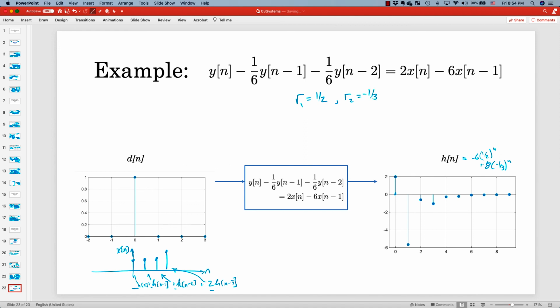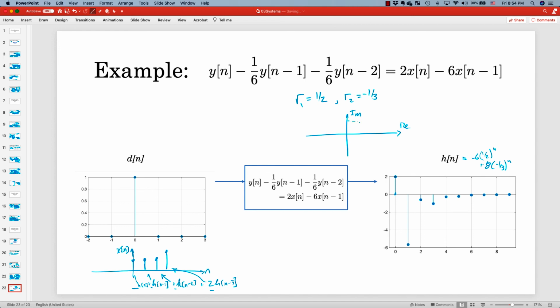This gets back at what I was saying in the other lecture: in discrete time, it's not whether your characteristic roots are in the left half plane or in the right half plane. The stability of the system is dictated by the modulus, or the magnitude, of the roots.